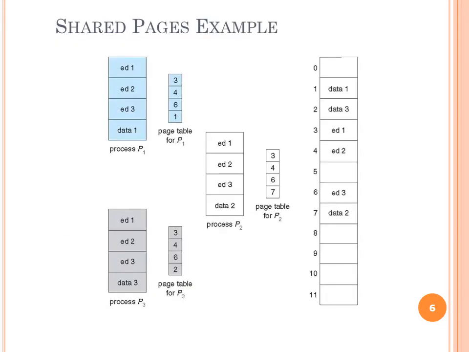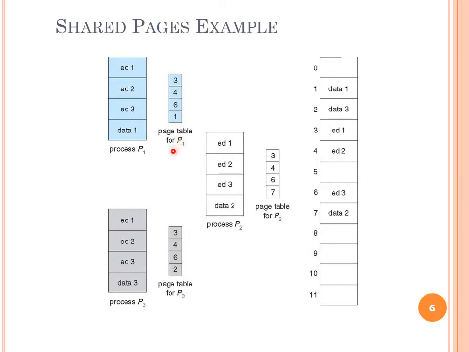You can observe three processes P1, P2, P3. P1 has three pages, editor 1, editor 2, editor 3, which are stored at frames 3, 4, 6, and data 1 is stored at frame 1.